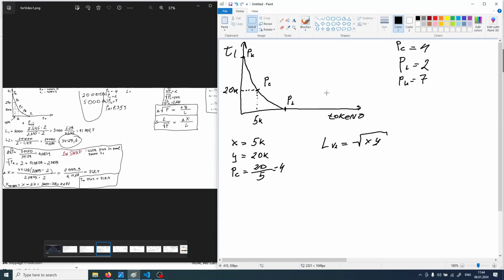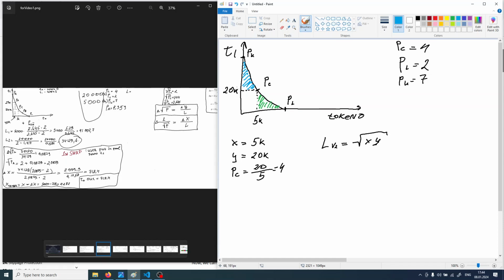But in our case, in Uniswap v3, we must calculate liquidity in two ways. We must calculate liquidity for this price range separately, and for this price range.